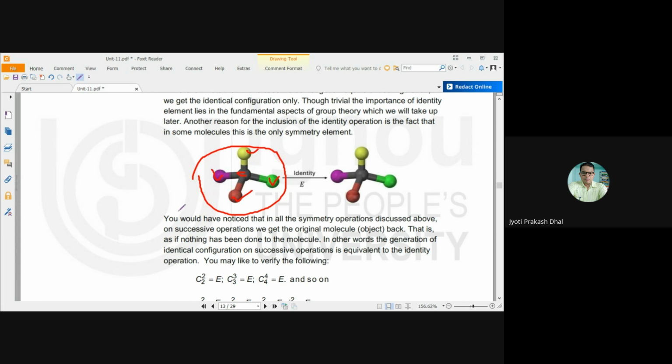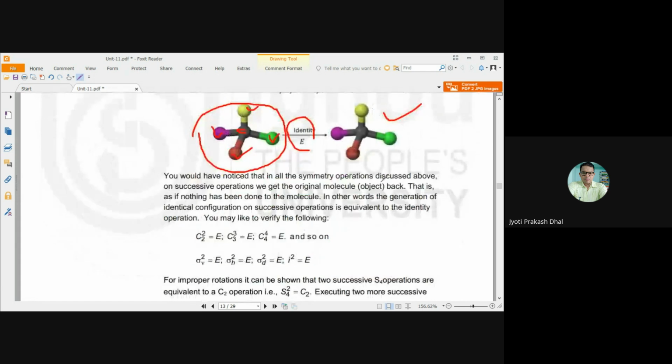That means four completely different atoms are attached to the carbon atom to form the tetrahedral chlorofluorobromomethane. And if you do the identity operation, that means if you rotate the molecule by 360 degrees, exactly the same will appear. That means doing nothing. So this type of symmetry element is called identity.